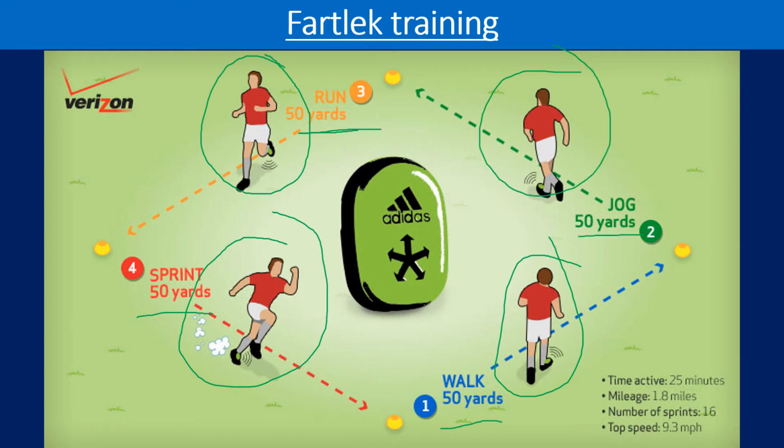So when we are looking at fartlek training, we can see there are a variety of different speeds here. I used to do athletics, for those of you that didn't know, and the worst training session ever was when my coach would go, right Leah, we're doing 4-3-2-1s, 2-3-4s. That was absolute hell. That meant you sprint 400 metres, you walk 300 metres, you sprint 200 metres, you walk 100 metres.